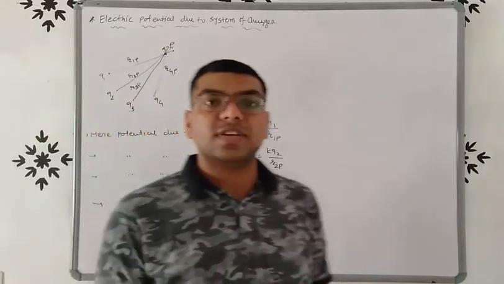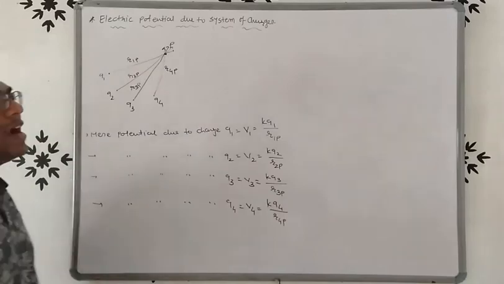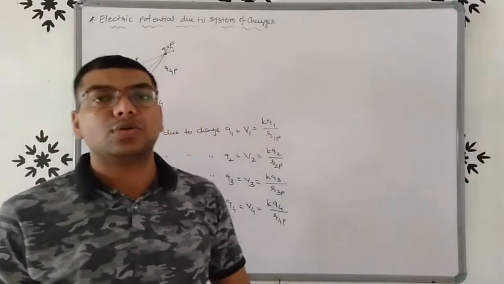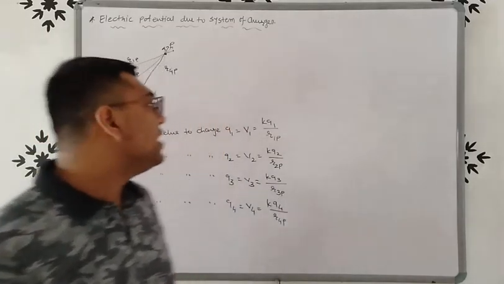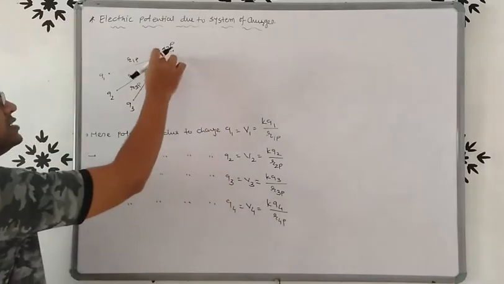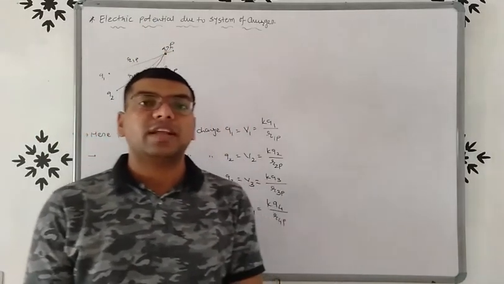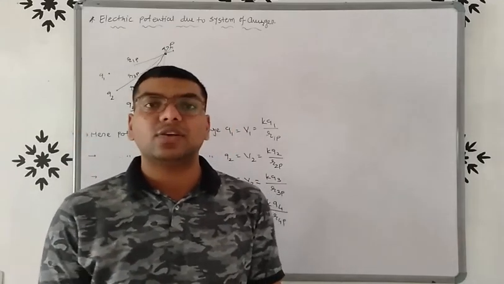So first of all, friends, you have to draw this figure and write here: consider a system of charges Q1, Q2, Q3 and Q4. Next point: we have to find the electric potential at point P. The potential at point P is due to charges Q1, Q2, Q3 and Q4.